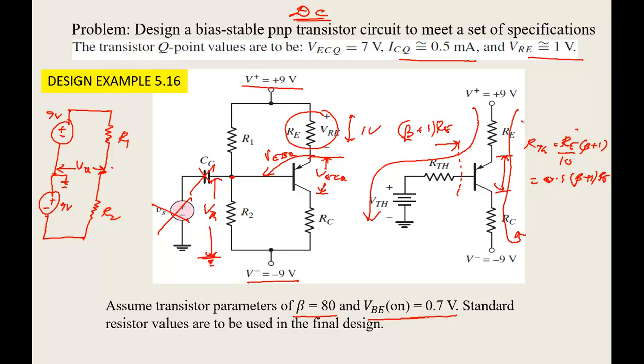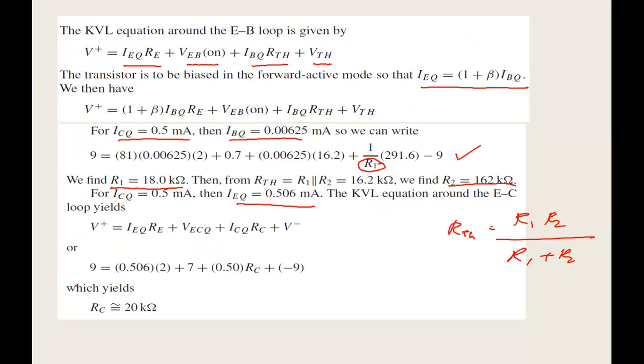So 18 volts is equal to IE RE plus VEQ plus IC RC. That's what we are putting here. So they are putting 9 here because we can bring the 9 here and put it together as 18 volts, and then write it as IEQ RE, and then VEQ, and then ICQ RC. That's what it is basically.